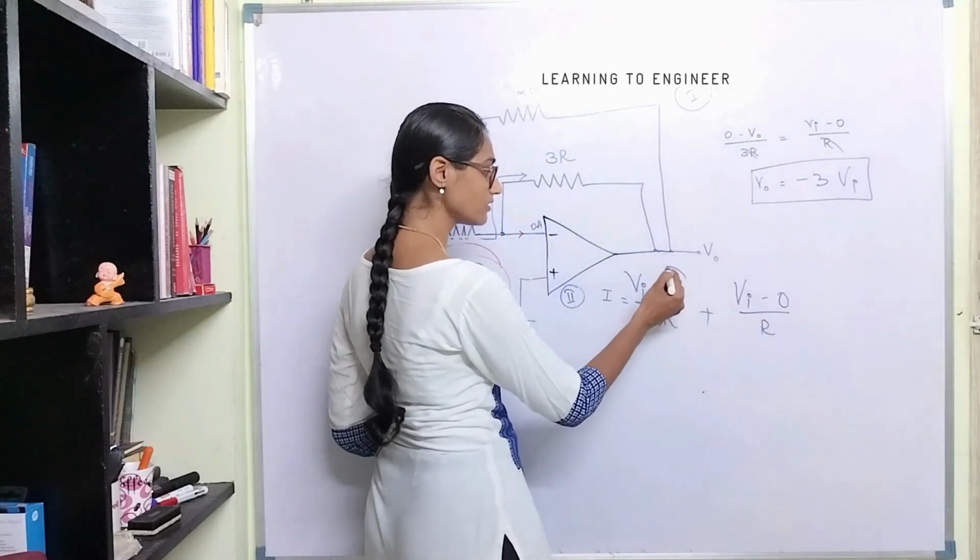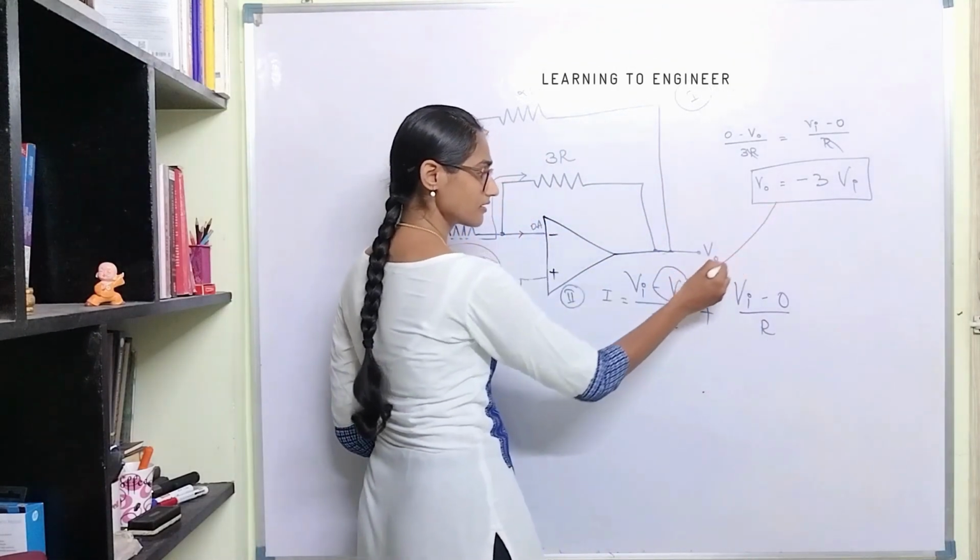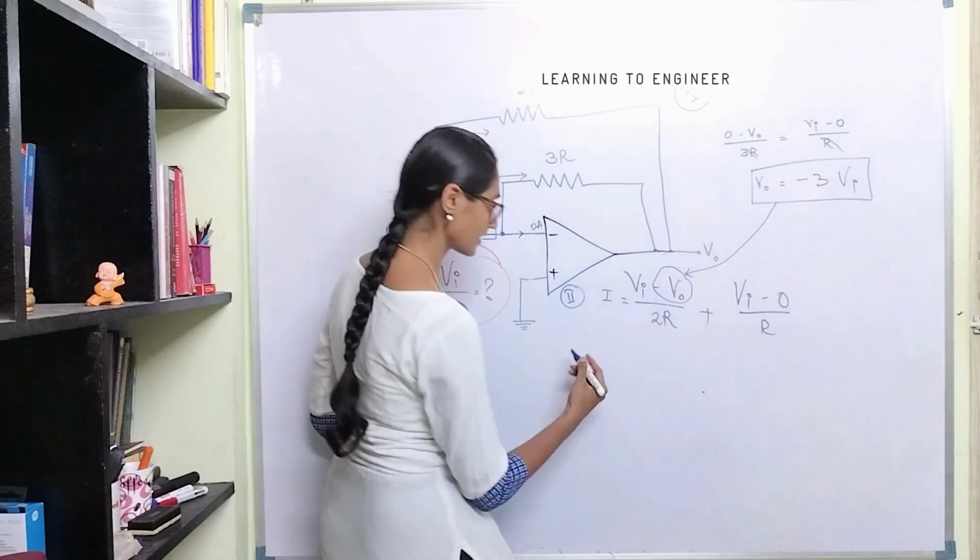Right? We know the value of V0 in terms of Vi, right?